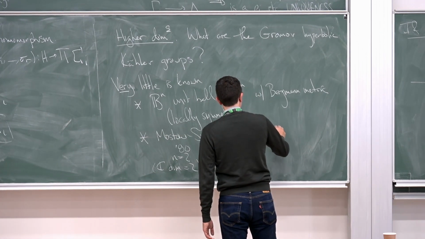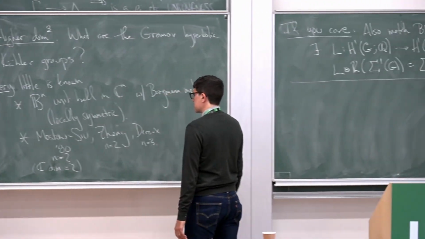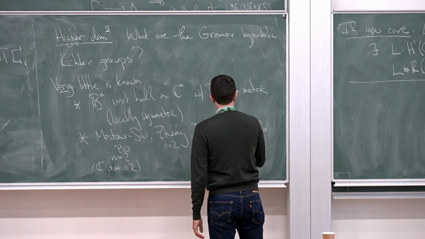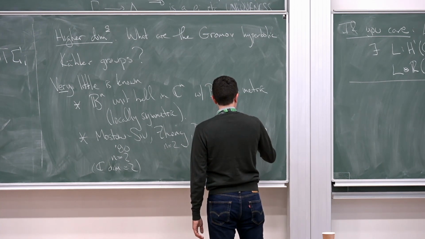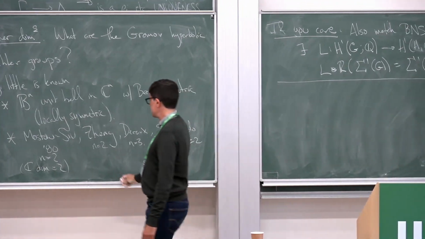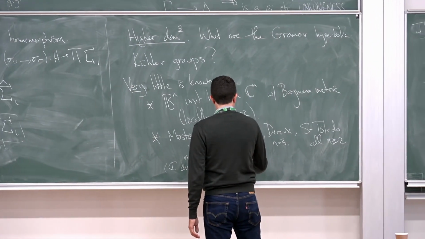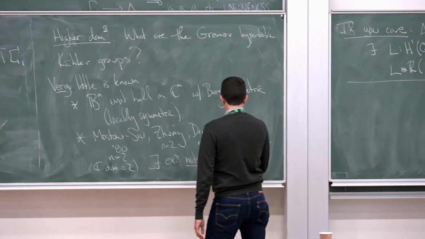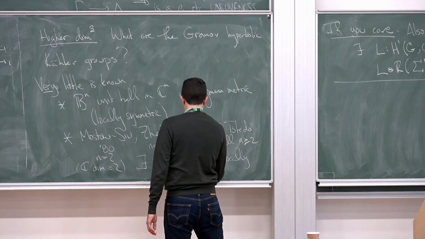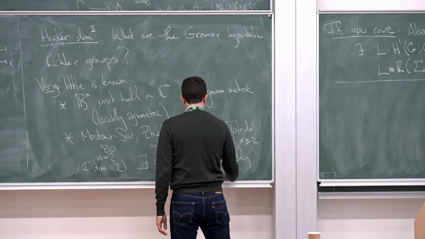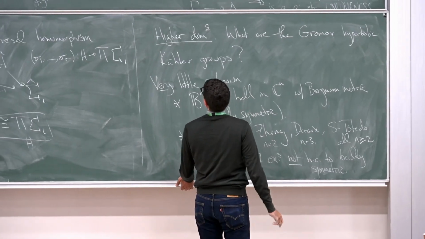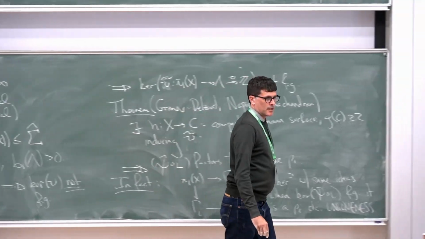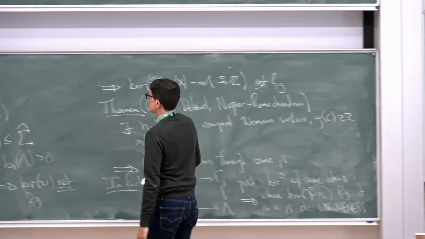Deraux gave some examples, n equals 3, and then with Domingo Toledo, for n greater than or equal to 4, there exist examples not homotopy equivalent to locally symmetric. So our knowledge of negatively curved Kähler groups is actually quite poor.